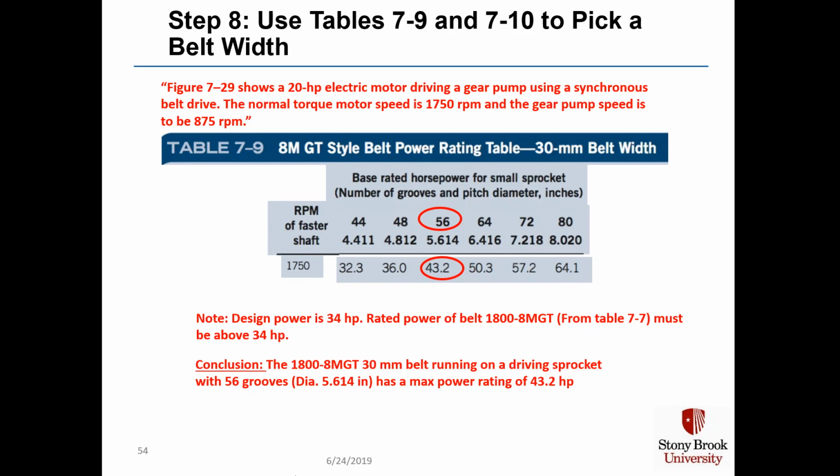And we found for an RPM of 1750 that for a 56 tooth small sprocket we have a rated horsepower of 43.2 horsepower. But our design power is only 34 horsepower, and because 43.2 horsepower is greater than the 34 horsepower, the 1800-8MGT 30mm belt running on a driven sprocket with 56 grooves is acceptable.